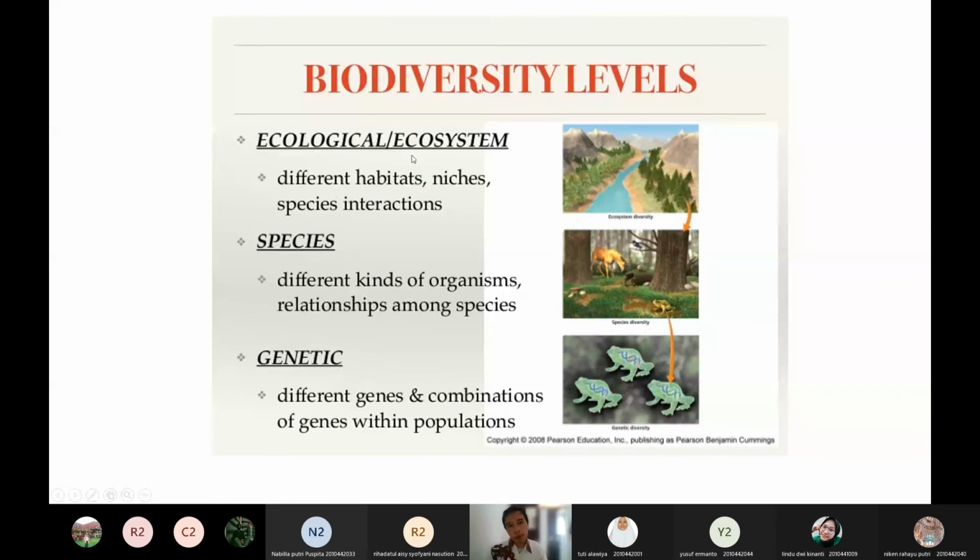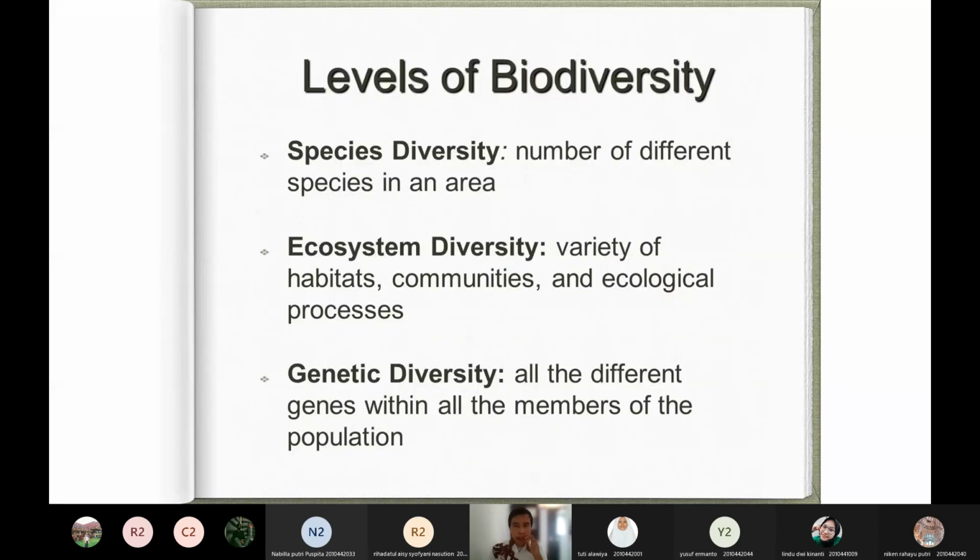And at a higher level, there is the ecological or ecosystem diversity, like the different habitats of animals, even in tropical regions, and also the niches themselves, and interactions between these species within those ecosystems. So from the very lowest level of biodiversity, there is genetic diversity, then the second is species diversity, and the top one is ecosystem diversity.